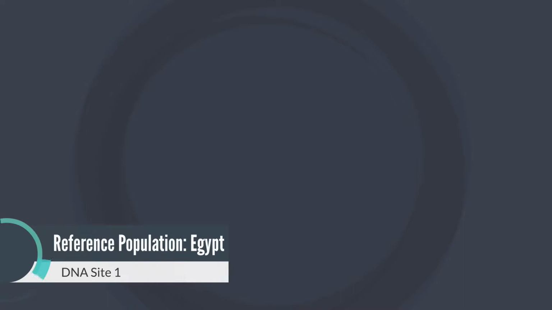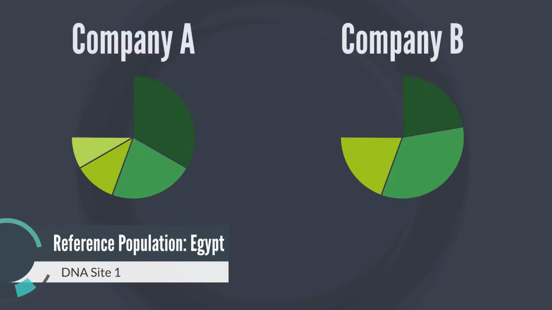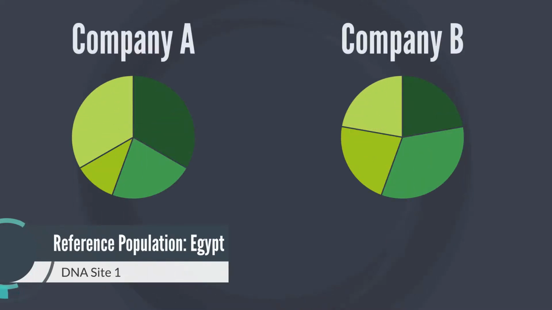Because these individuals are just a sample of the total population, the reference population for a specific region or country can differ from one company to the next. Even within the same company, a reference population can change over time as more people are added to the database. And these differences in reference population composition will affect the estimate of a person's ancestry.